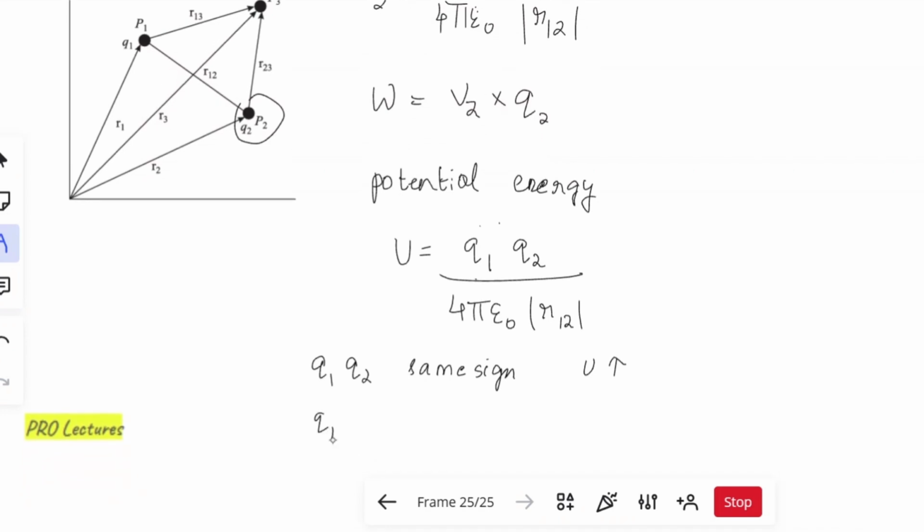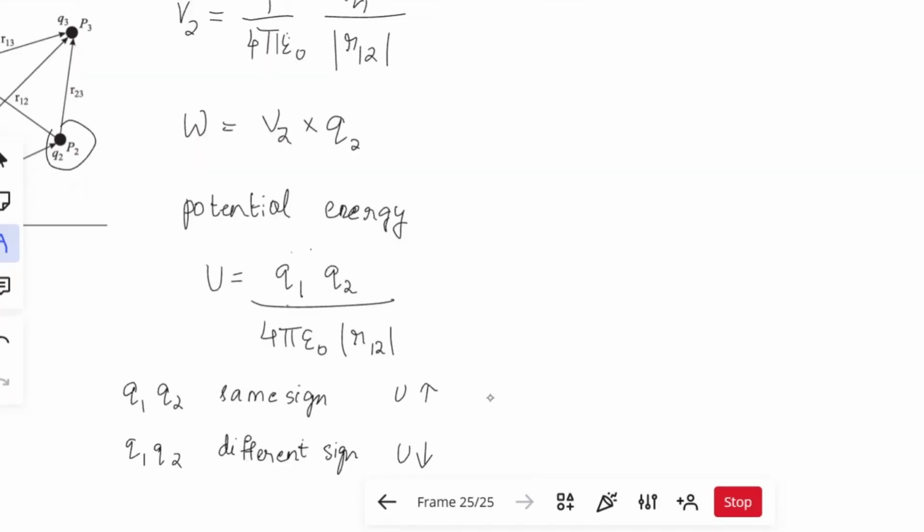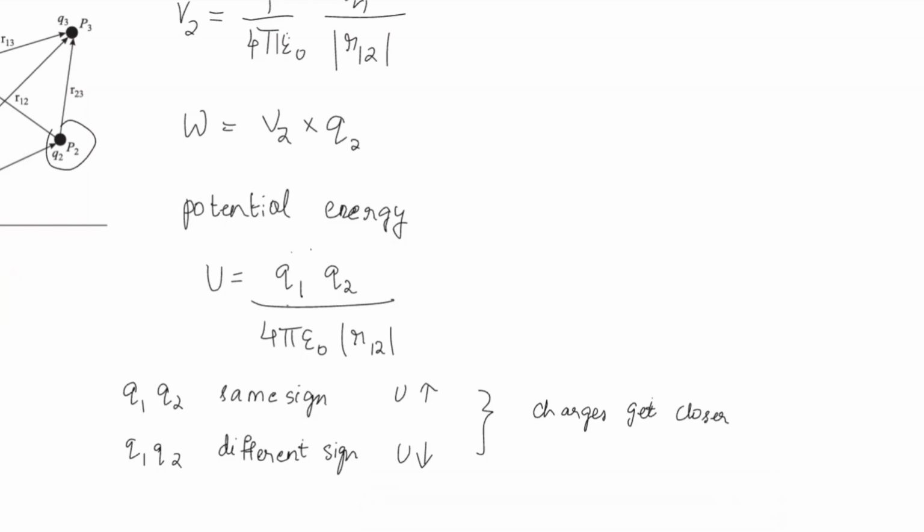Similarly, if Q1 and Q2 are of different sign, the potential energy decreases. If the charges are made far away, the potential energy will be the opposite of it.